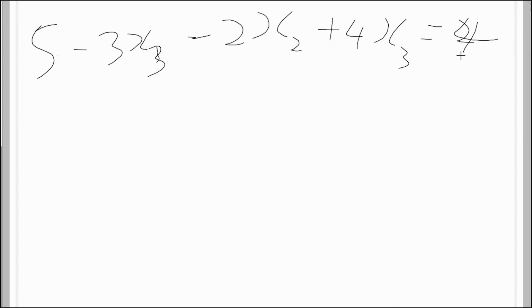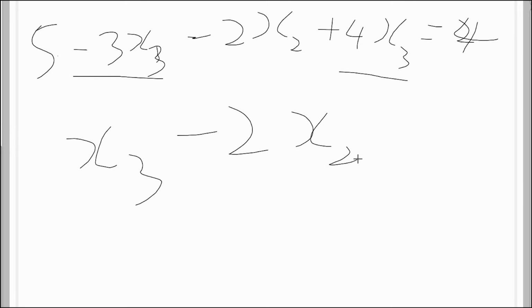So collecting like terms now, that's basically where you subtract 5 from both sides, then you collect like terms here. So 4x3 minus 3x3, adding these two together will give us x3 minus 2x2, which is equal to minus 1.